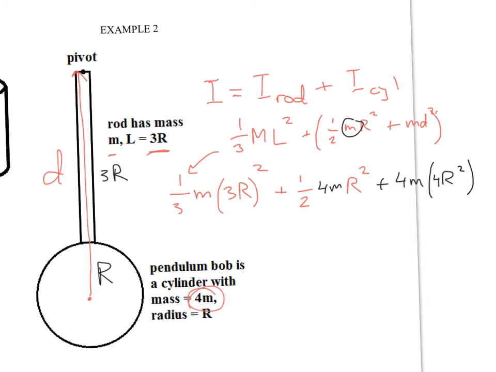So from this term we'll have 3mr squared. From this term, half of 4, so that's 2mr squared. And now this last term comes out huge because we took a very large mass and we're rotating it really far from the pivot, so its moment of inertia is very large.